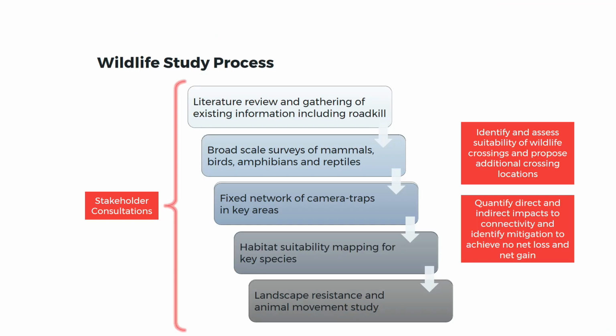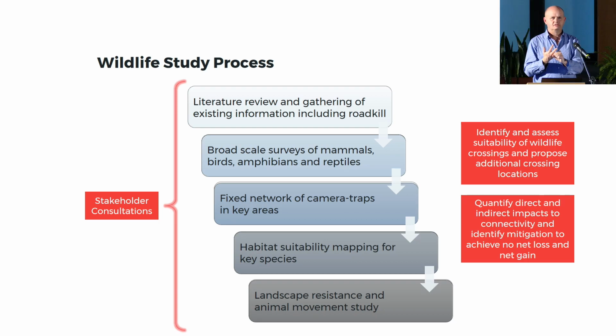A key thing we had to think about here was that this is a project being funded by the World Bank. There are some critically endangered species, so we had to try and get to a no net loss position or a net gain depending on the species, which was a really difficult process because we're not actually losing habitat, and technically parts of the road are already fenced.